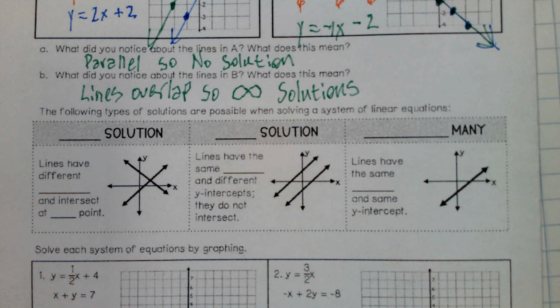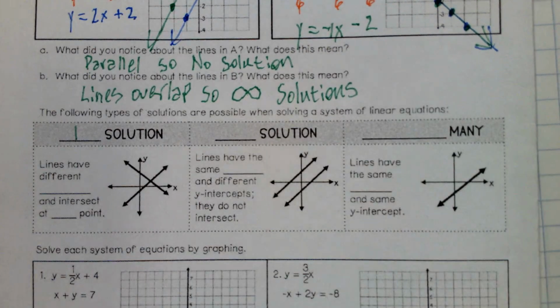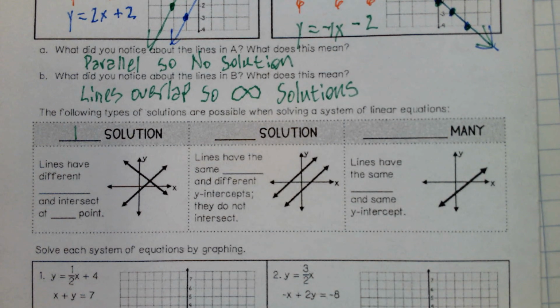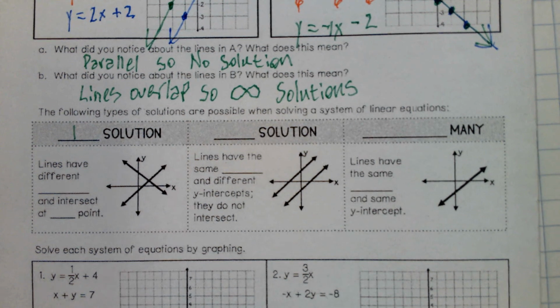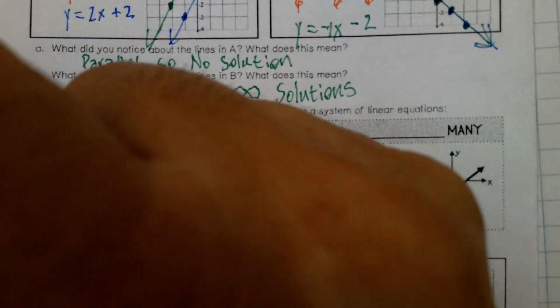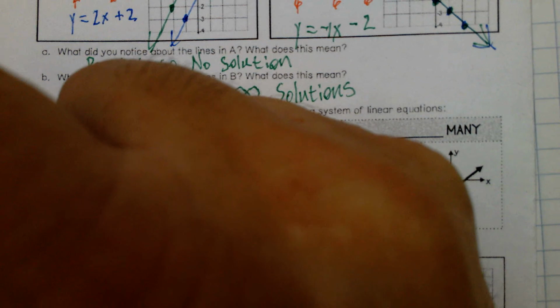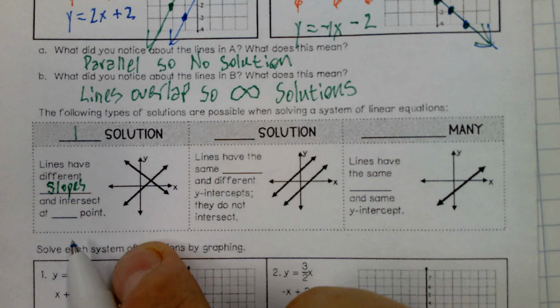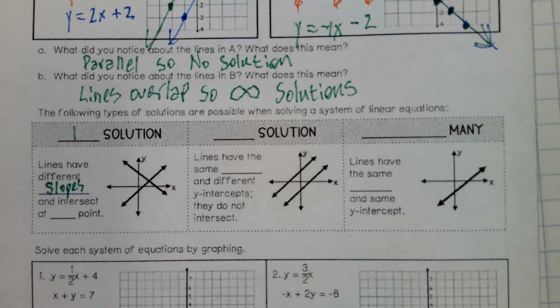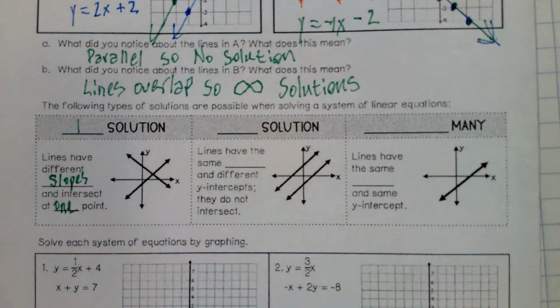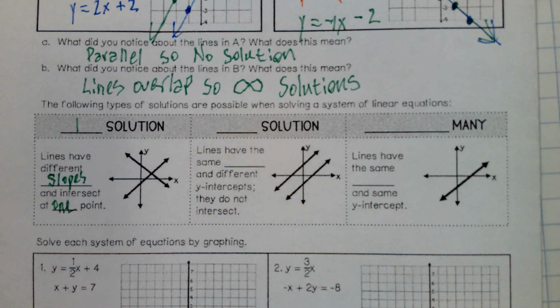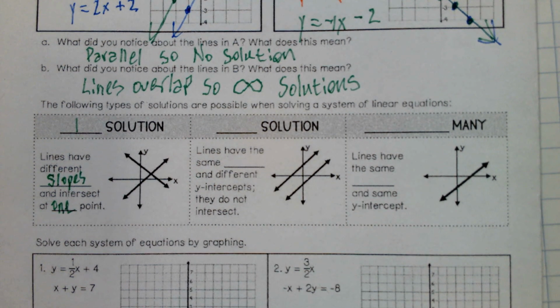So that's the three possibilities. We can have one solution, and that's going to happen when the lines have different slopes and intersect at one point. So if the slopes are different, you're going to have two lines that intersect.